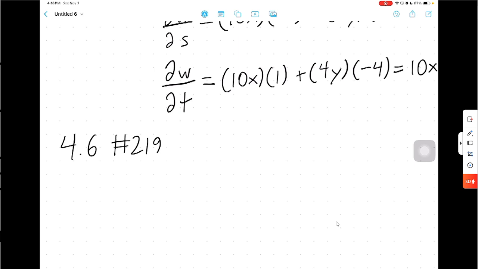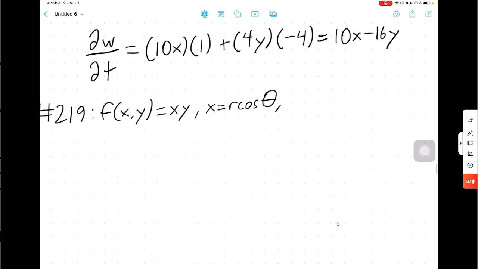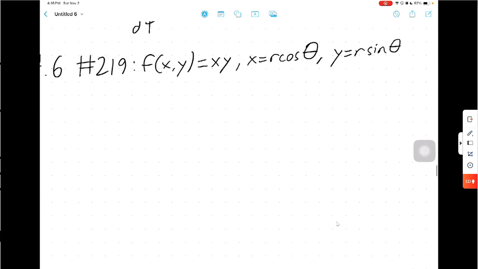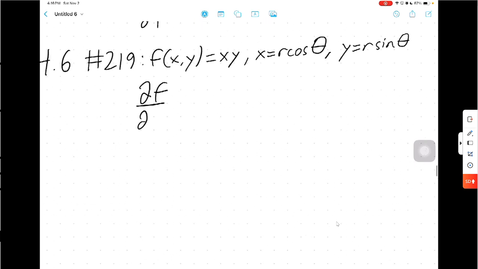219. So here we have f of x, y is equal to xy. x equals r cosine theta. y is equal to r sine theta. And it asks us to find partial f with respect to r and partial f with respect to theta.